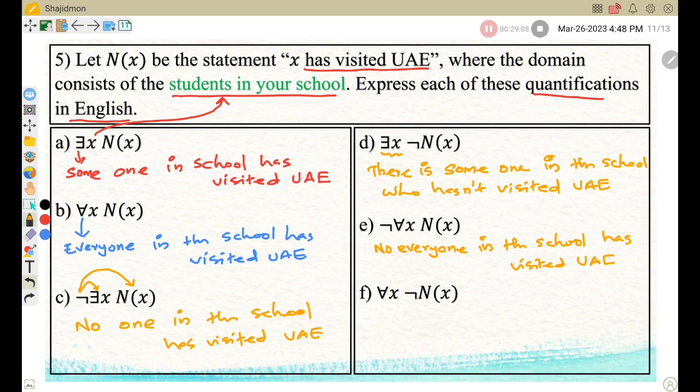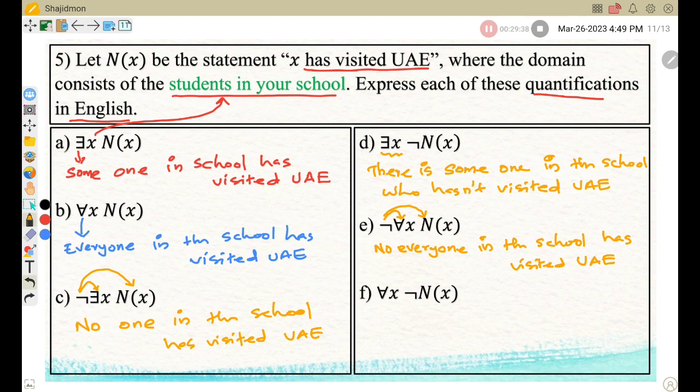Or it is same as D. D and E are same, because here negation is applied in the D statement. So we can write: there is someone in the school who has not visited UAE. Negation of for all means there is someone, and negation of N(x) means has not visited UAE, that is same as the D statement.